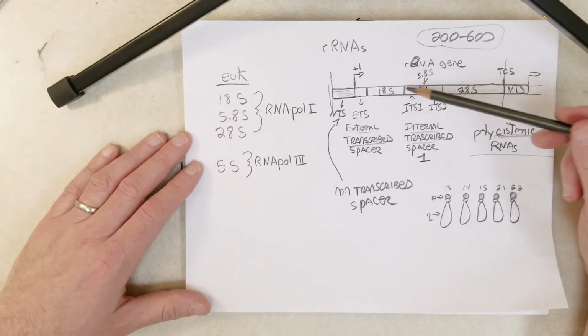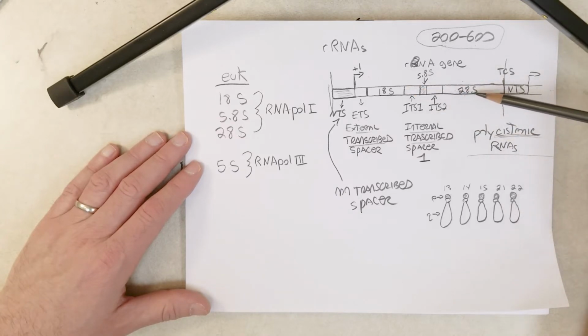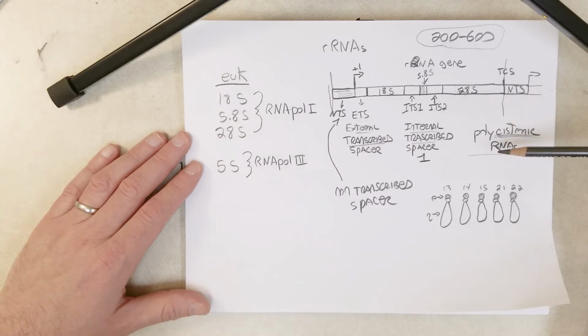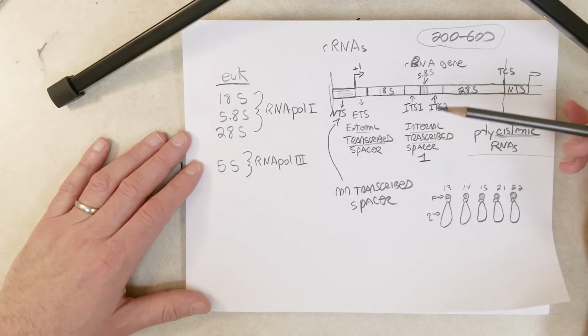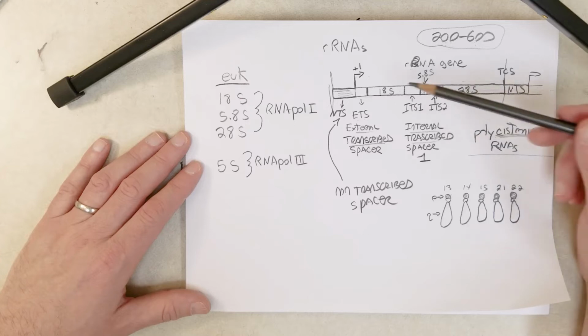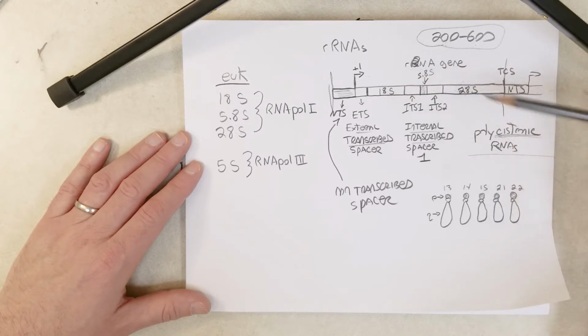Essentially, if there are multiple important things in an RNA molecule, we call that a polycistronic RNA. They're cleaved from the RNA molecule by enzymes, and we're not really sure of the identities of those processing enzymes, but the 18S, 5.8S, and 28S are released, and then they can be incorporated into the structure of the ribosomes.